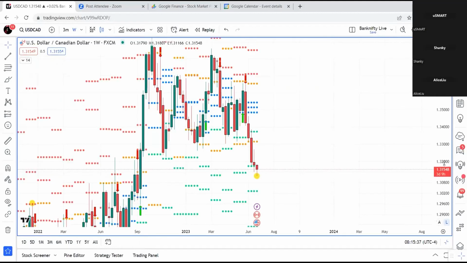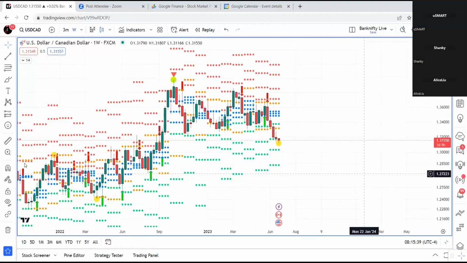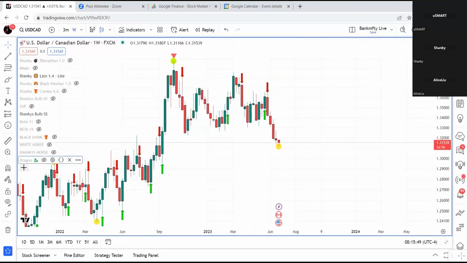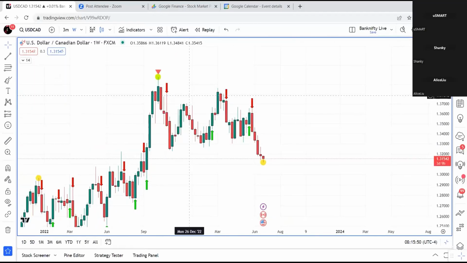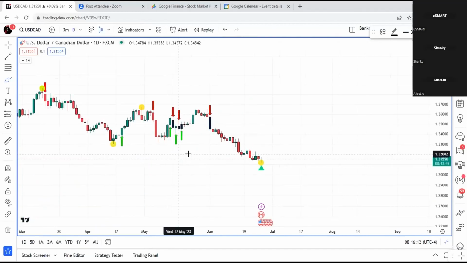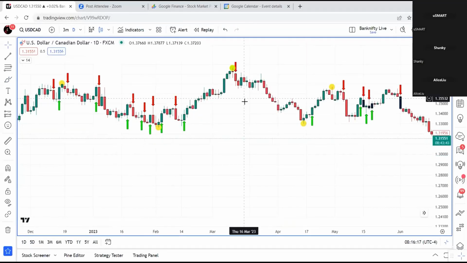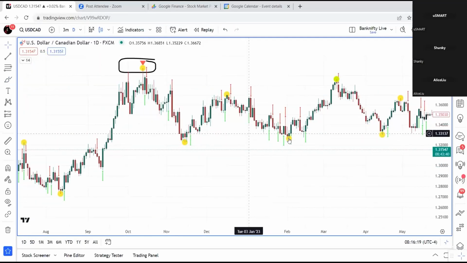In Forex, if you want to trade, okay, what you can do is, we are talking about weekly, right? So as soon as this weekly bulb comes with a triangle, with a weekly arrow, learn whatever forex you want to learn.